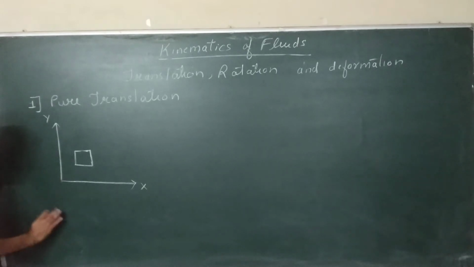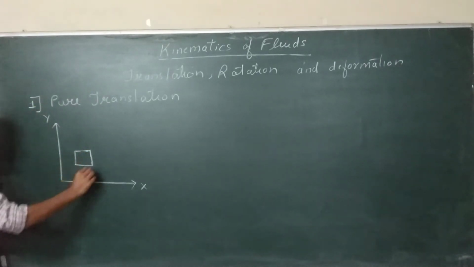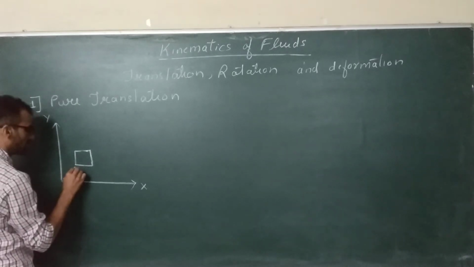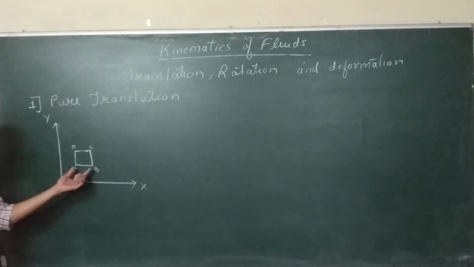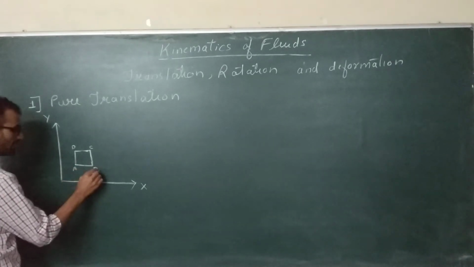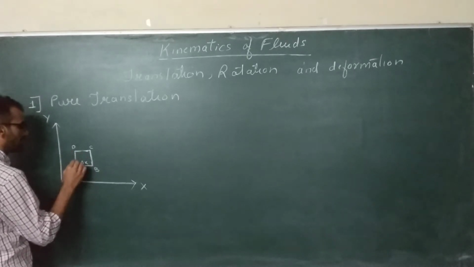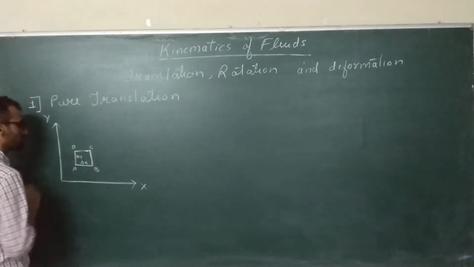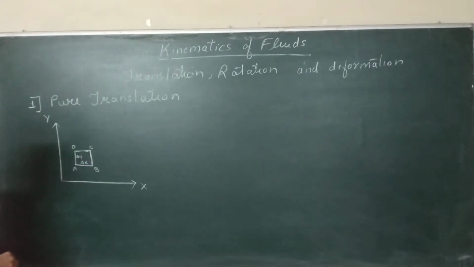Assume that this plane is your plane of motion. On this plane, this element A, B, C, D is moving. This is a fluid element A, B, C, D. The length of AB is suppose delta x and the length of AD is suppose delta y.